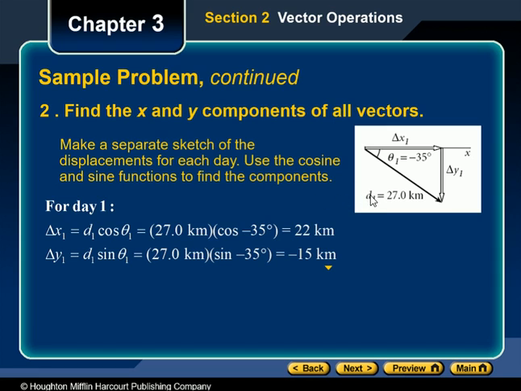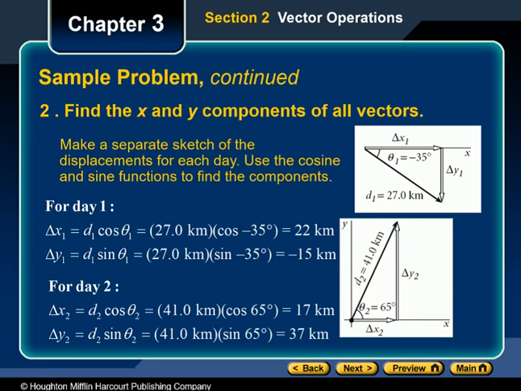The displacement for day 1 is the same for both, 27.0 kilometers, and we have the cosine and the sine of the angle for the x and y components, respectively. But remember, we have to include the negative sign, negative 35 degrees, because that's how we represent south of east numerically. If you do not include that negative sign, your numbers will not come out correctly.